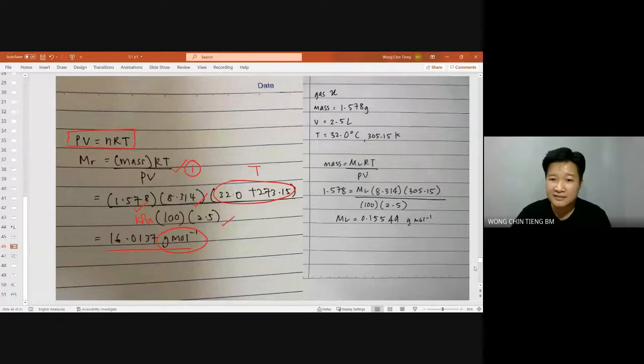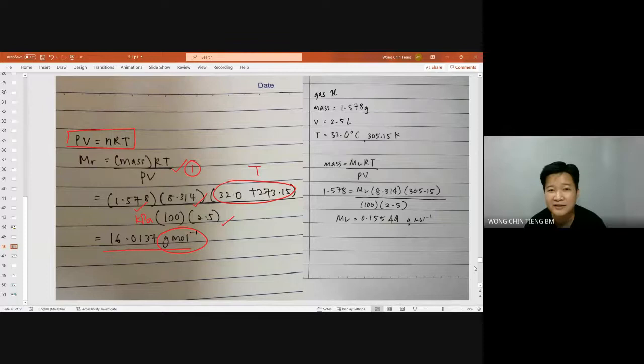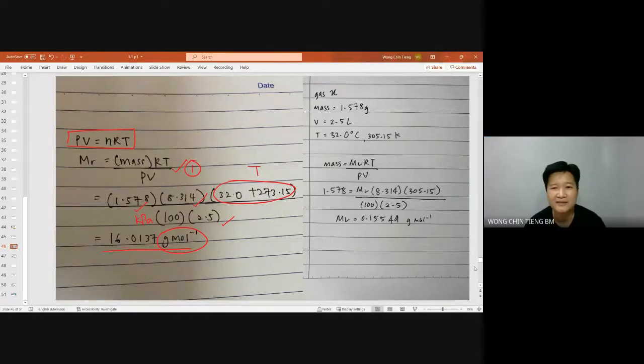Okay, let's see jawapan kawan kamu salah kat mana. Semua betul kan? Formula salah. Formula salah. Formula salah sebab apa? PV can this, RT can I correct this. Yes, yesterday. Did I? I corrected this in the first slide yesterday morning. Did I?